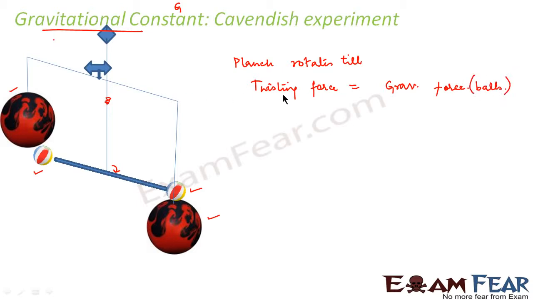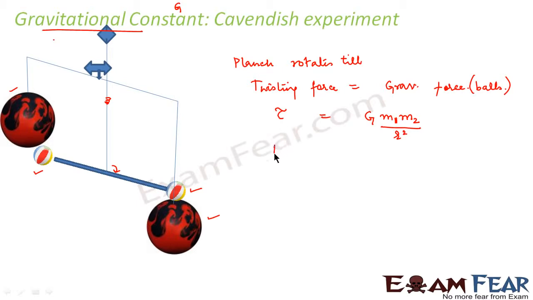Now what is this twisting force? The twisting of the wire was caused by the torque. So till that torque is equal to the gravitational force. What will be the gravitational force? It would be G m1 m2 by r square, where r is the distance between the two balls and m1 and m2 are the masses of the balls.